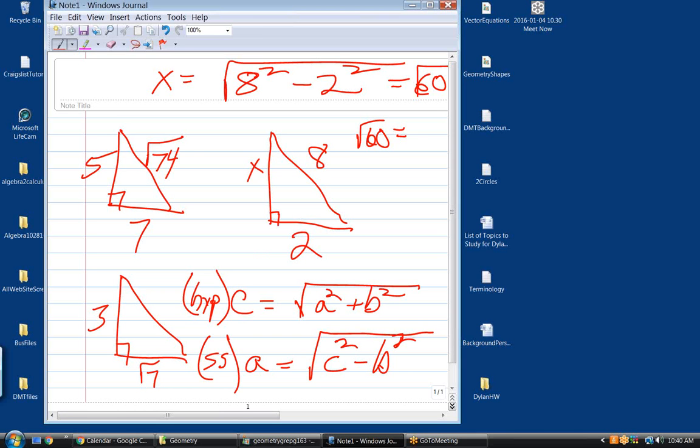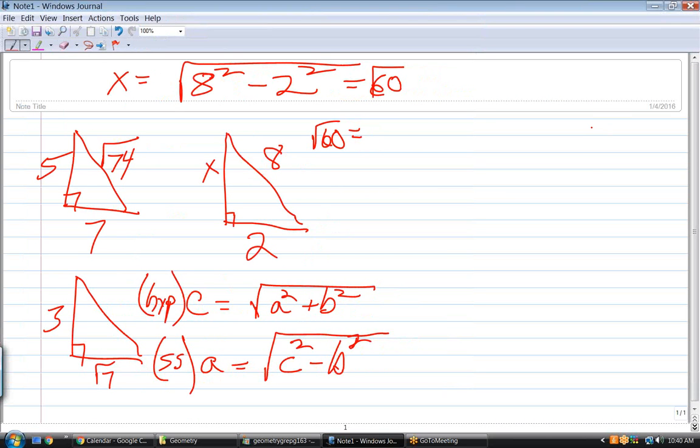Let's list our perfect square numbers. 1, 4, 9, 16, 25, 36. You see where I'm getting these? It's a very important list to memorize, to know your perfect square numbers.